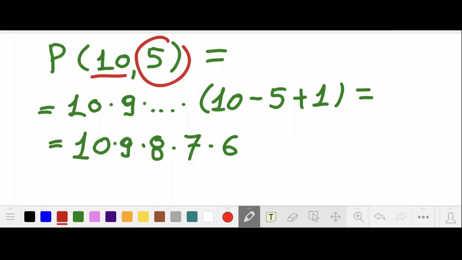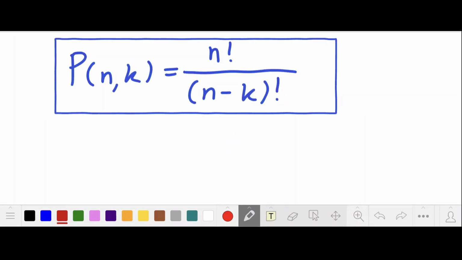As you may imagine, from now on we will be able to solve problems in a more elegant way. At this point of the video, we should mention that there exists another closed formula for the permutations of n objects taken k at a time, and that is equal to n factorial divided by n minus k factorial. Personally, I prefer this formula better, and for a very good reason.